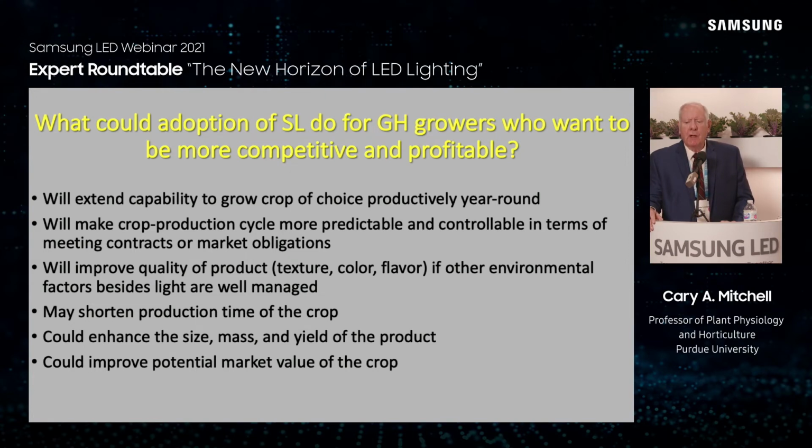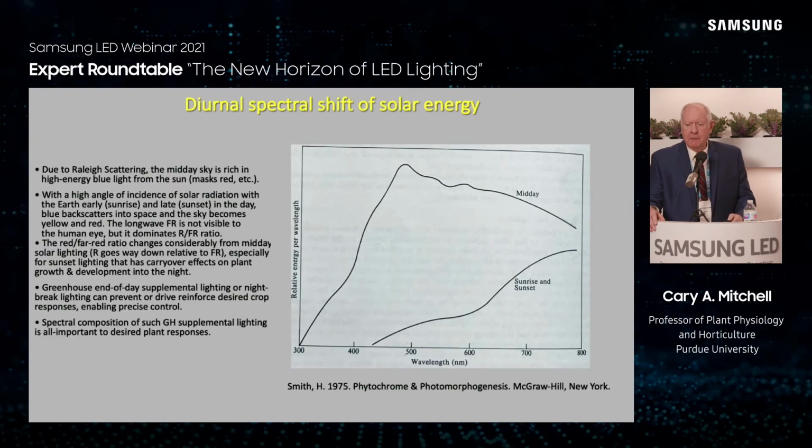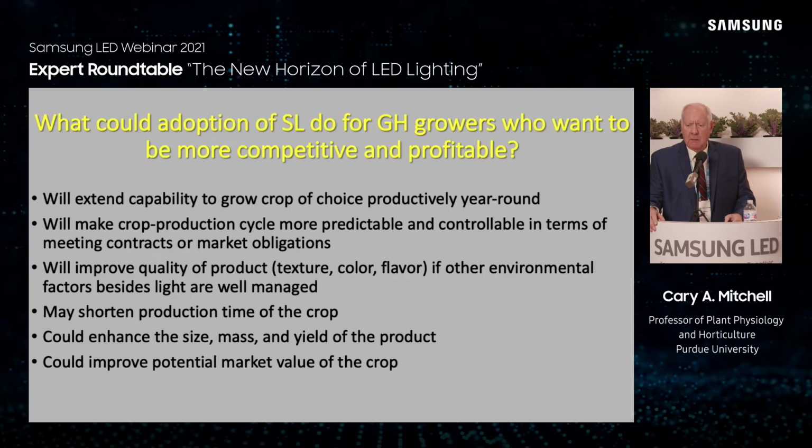And it will improve the quality of the product, whether it be an ornamental product or a food product. And it may shorten the production time of the crop if you do the supplemental lighting correctly. It could also enhance the yield. And with all of those things, it could also affect the price point and the market value of the crop that you will harvest.